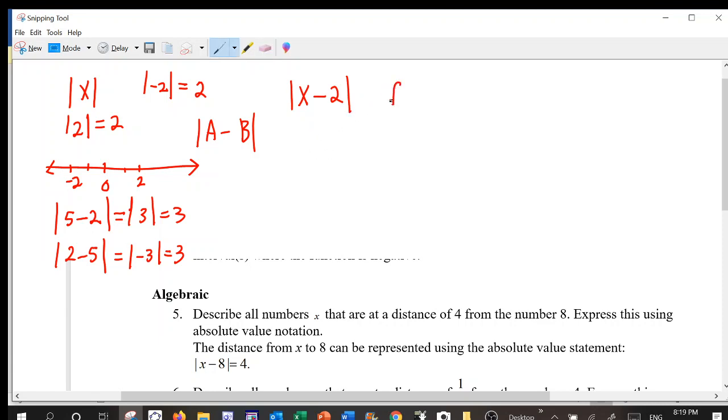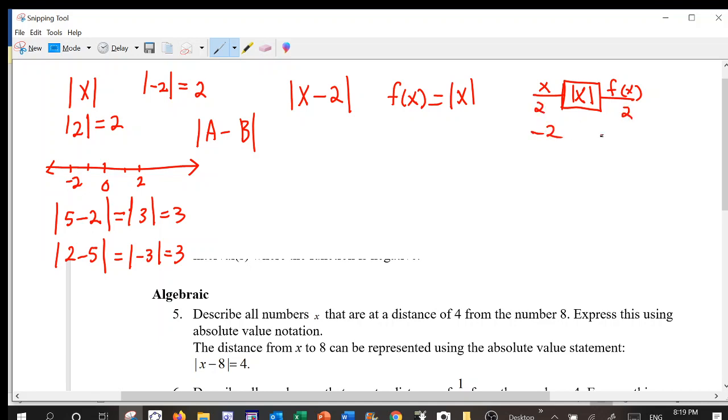So for example, when we write f of x equals absolute value of x, what do we mean by that? We mean we have a function where the input is any real number and the output is basically the absolute value of that number. So any number you enter here, the output would be its absolute value. So if we put a 2 here, 2 comes out.